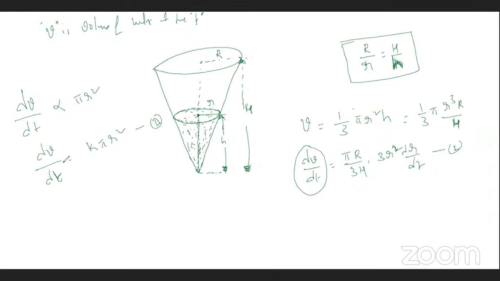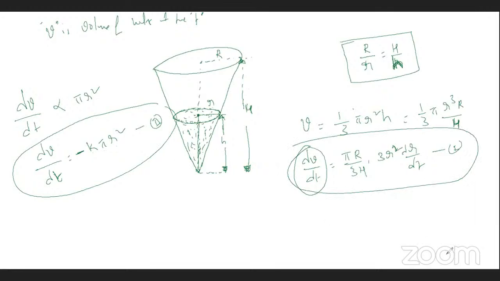Pi is positive, r square is positive, k is positive, that's why we should keep a minus sign. Because we know the volume is decreasing. This is the given data.